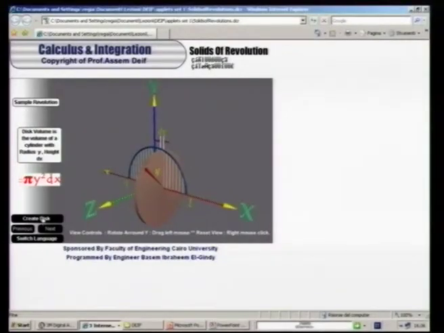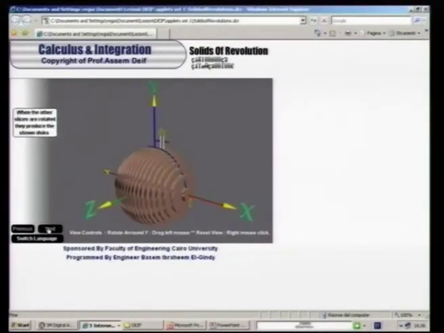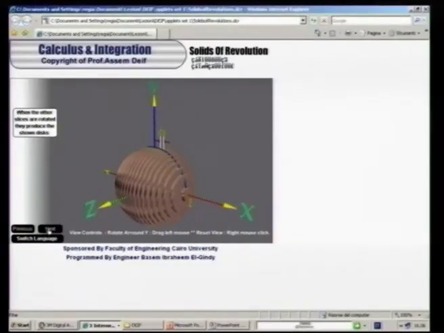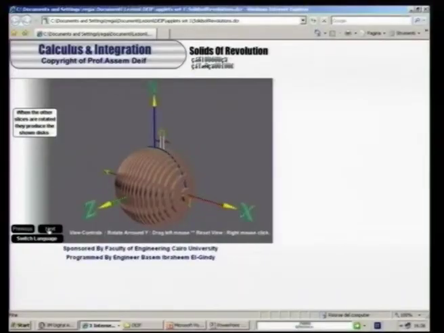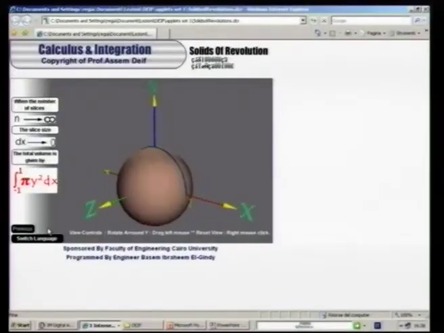So you have a whole sphere. And this sphere, when you take the limit as the number of subdivisions goes to infinity, and this is the idea of Riemann, the norm of the partition tends to 0, you have a whole sphere. This is again one other application of integrals.